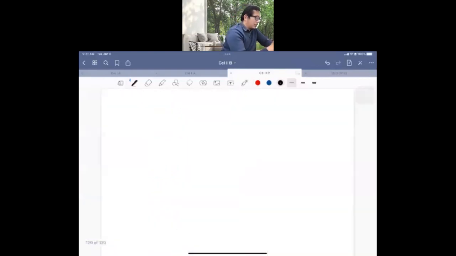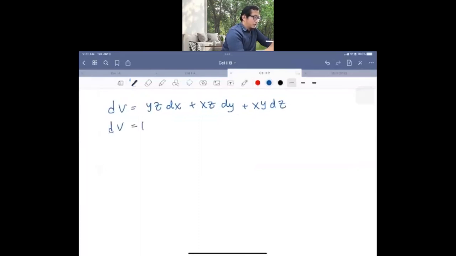So dV will be 60 times 40 times 0.2, plus 75 times 40 times 0.2, plus 75 times 60 times 0.2.